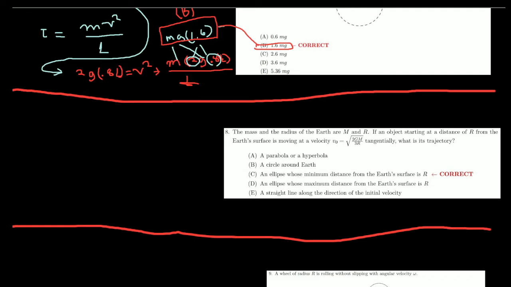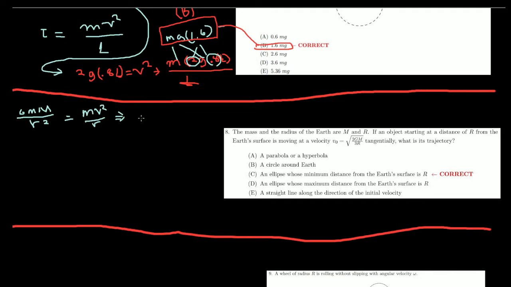Okay, so for this, we should probably calculate the escape velocity and the velocity for perfect circular motion. We can calculate the circular motion by using force. We can have gMm over r squared equals mv squared over r.